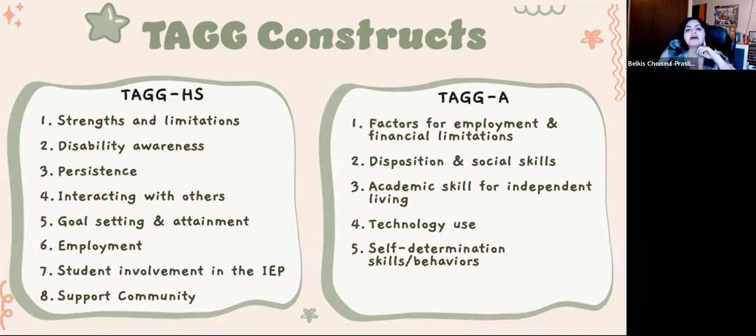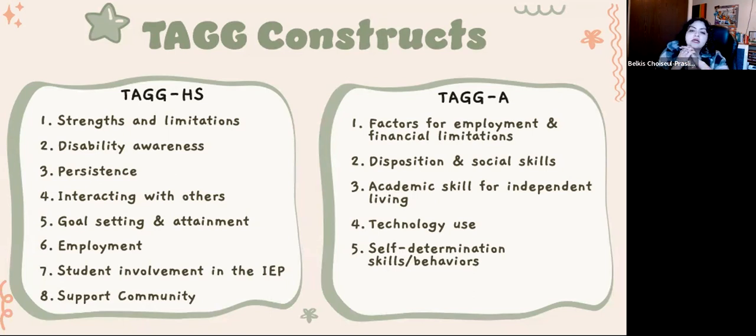The TAG A, because it's designed for students who have more significant needs or more support needs, the alternate, is looking at different skills, and sometimes they overlap, but very honestly, the TAG alternate is looking for skills that are a little bit more primer to competitive employment areas or traditional college entry or vocational entry programs.